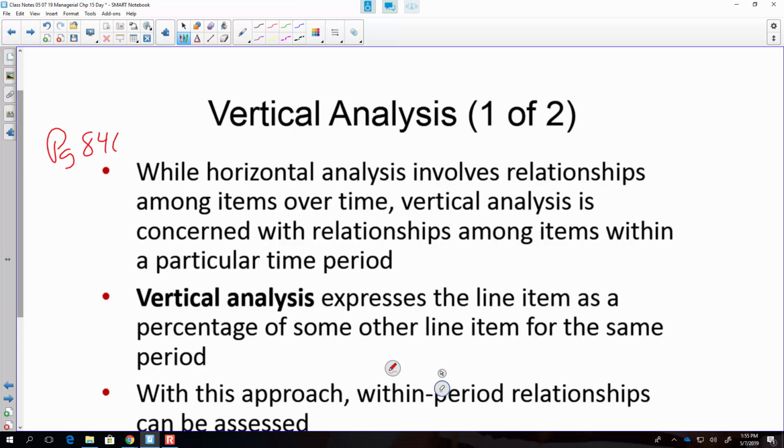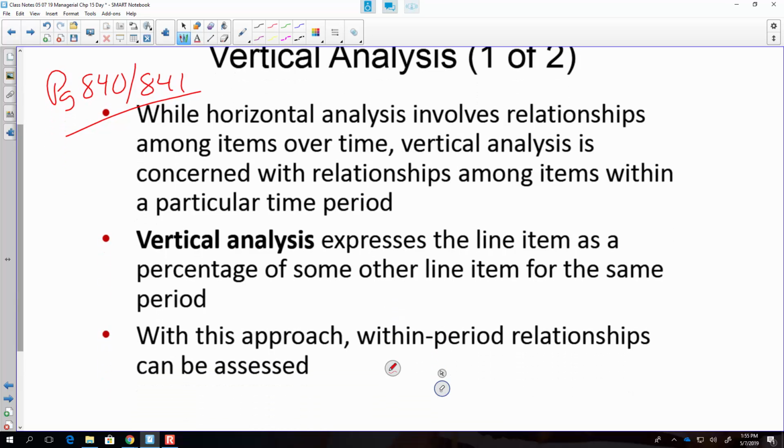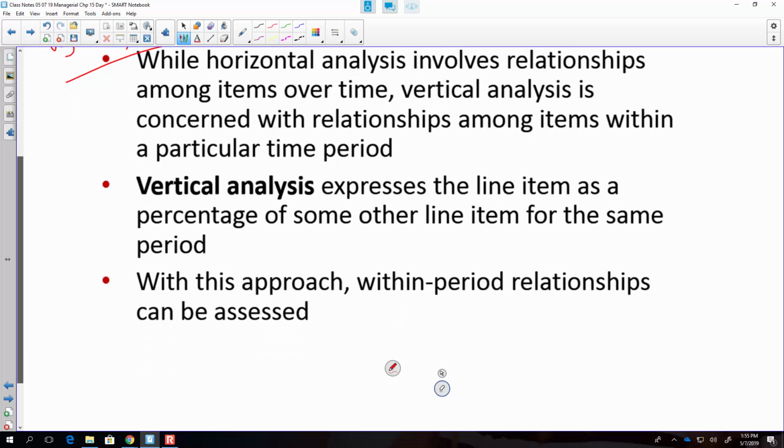Page 840, 841. We're looking at vertical analysis. And here we're within one period of time, within the year in most cases. It's a line-by-line percentage of some base number. So the base number for vertical analysis on an income statement is going to be sales dollars.